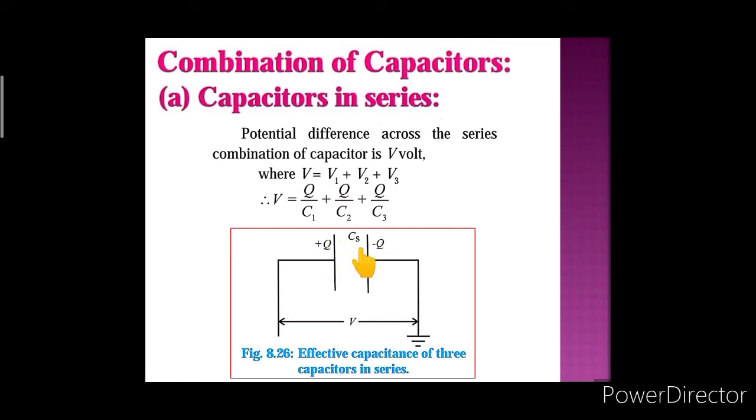So, in the figure over here, it is shown by the two parallel metal plates. Cs represents the effective capacitance of the three capacitors in series, and the first plate of this capacitor acquires the plus Q charge and the second plate acquires the minus Q charge there. And the potential difference across the three capacitors in series is given as V.